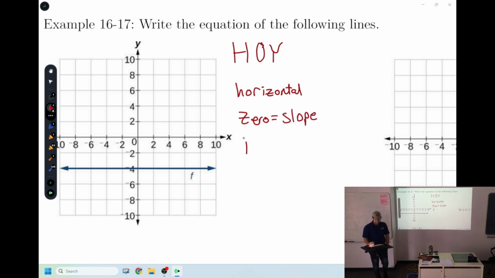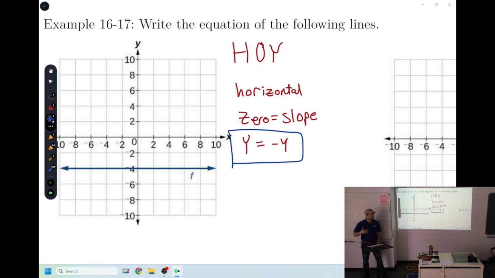And Y gives you Y equals. That's the format. Horizontal means 0 slope, Y equals format. So what does Y equal in this case? The only number that the line ever touches? Boom, you're done.